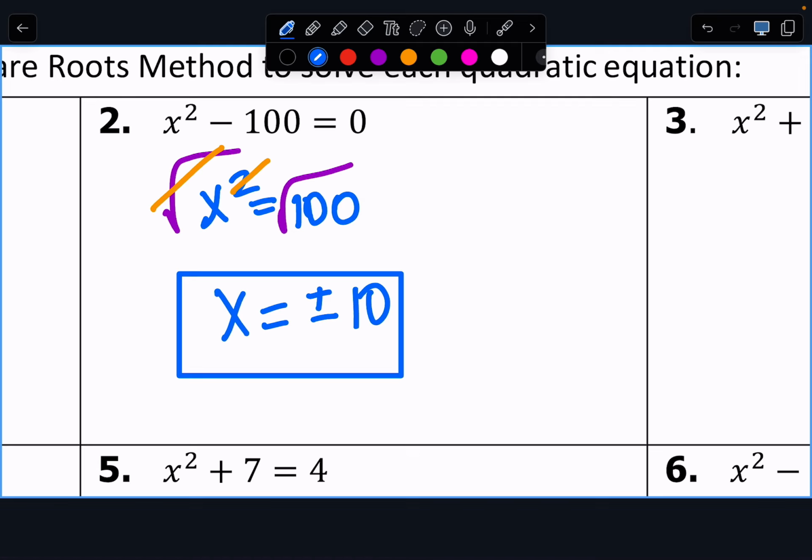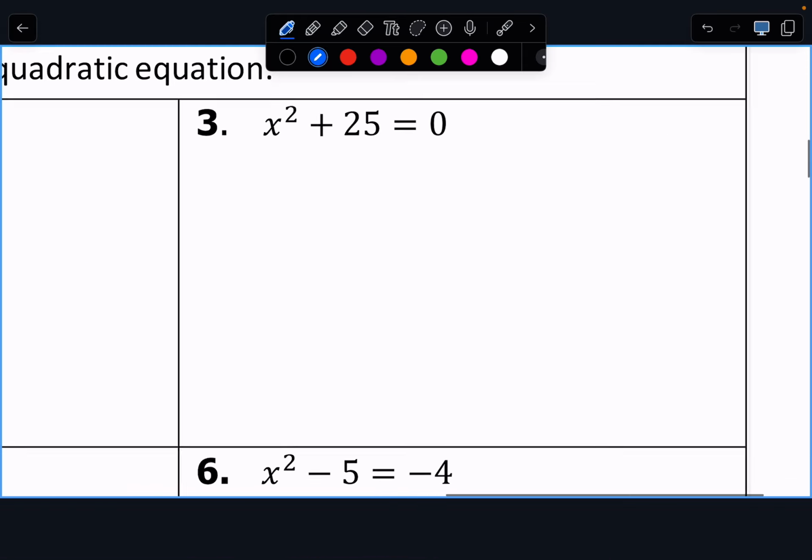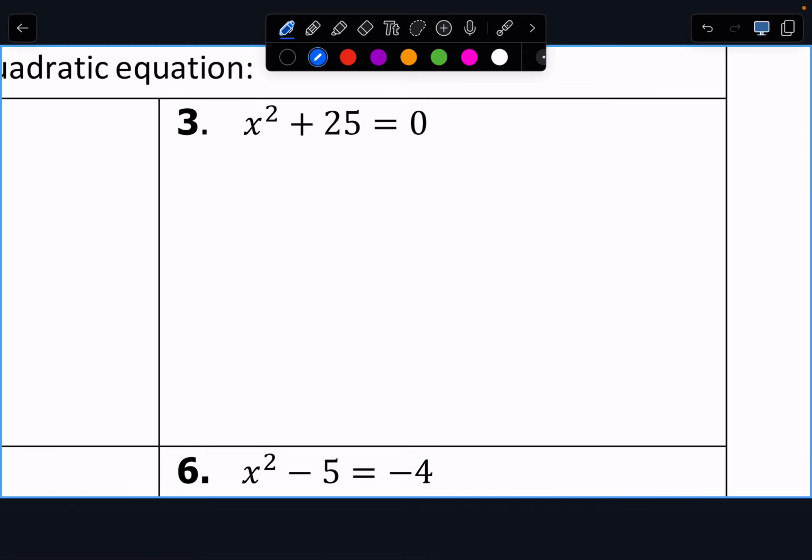Now, here's where things get interesting. Let's solve number 3. I want x squared to be by itself. So I'm going to move over the 25.